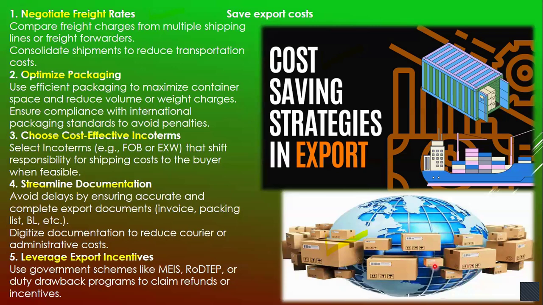But if these five boxes are going to the same destination, and we transport them in a single shipment by using one airway bill, then you can save the cost. Only one transport vehicle is needed for the movement of goods from factory to airport. In this way you can save the cost by using consolidated shipments.